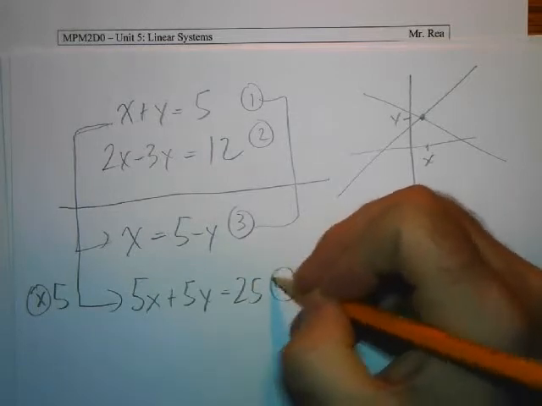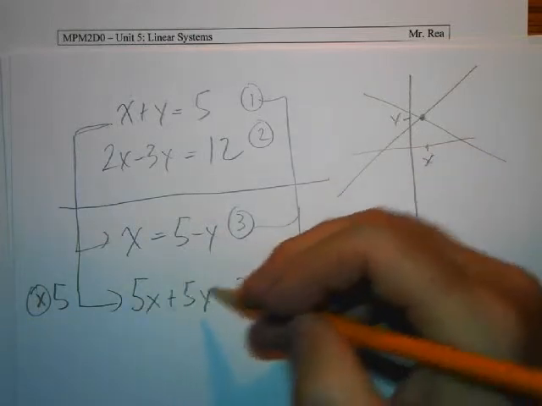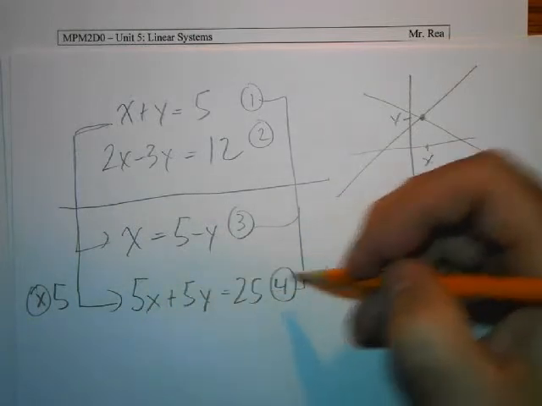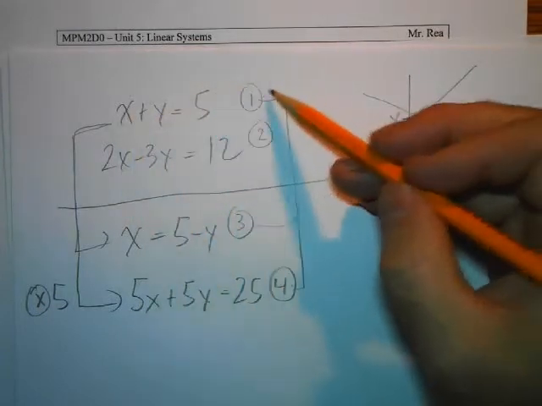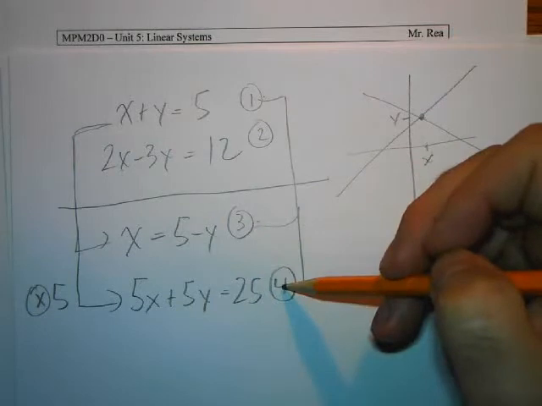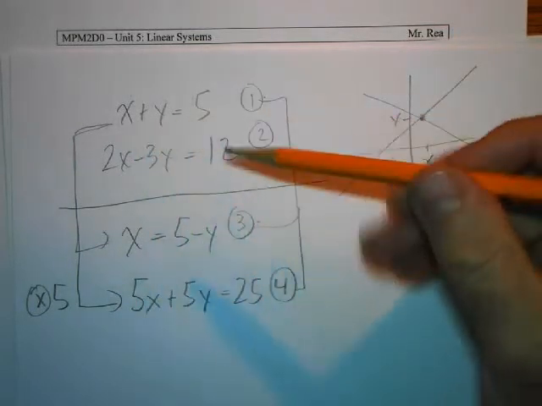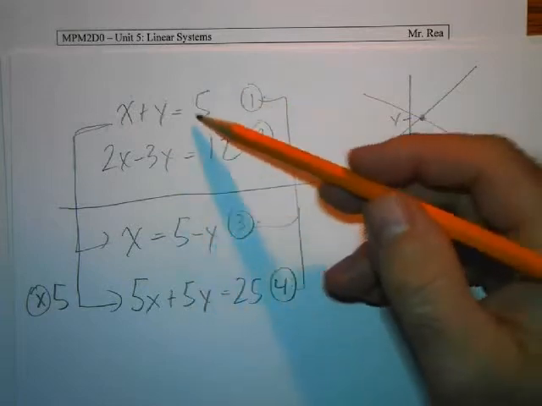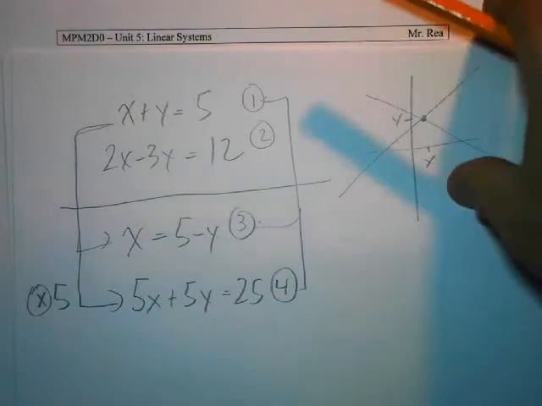Call it equation 4, but in terms of solutions, if I graphed it, it's exactly the same as this equation and this equation. So that's something we're going to be doing today. We're going to take an equation and multiply it in order to use the technique.